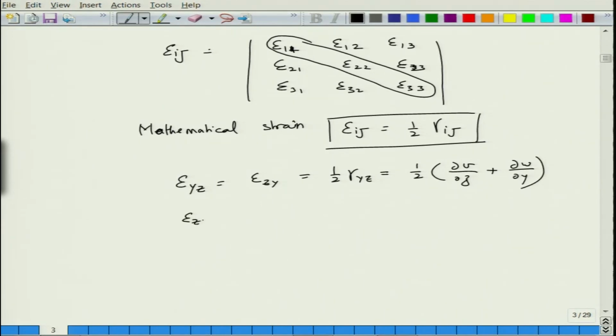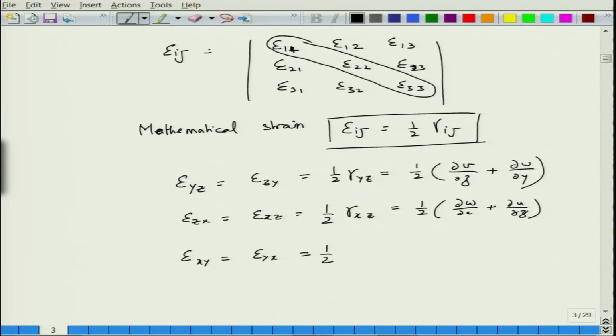Similarly, epsilon zx equals epsilon xz, which is half of gamma xz, equal to half of del w by del x plus del u by del z. Similarly, epsilon xy equals epsilon yx, which is half of gamma xy, equal to half of del u by del y plus del v by del x.